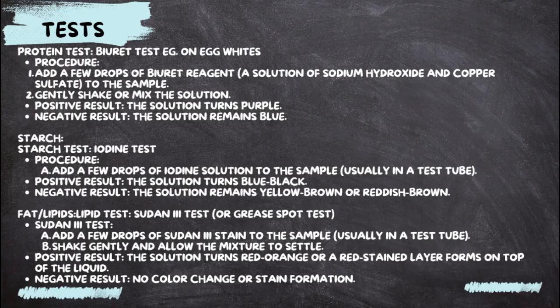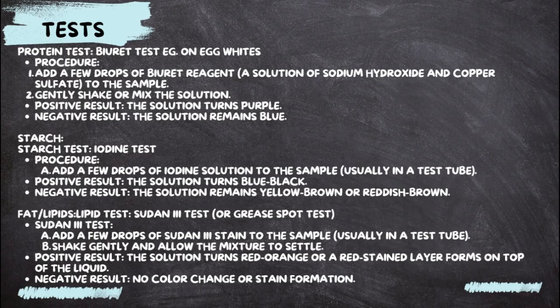Now for the lipid test, that's the Sudan III test. So basically you would add a few drops of it to the sample, right? And then what we would expect is that it would turn red-orange, right? So basically we're looking out for red-orange, that's the color we're looking out for. So if red-orange pops up, we know that there is some fat or some lipid in it.